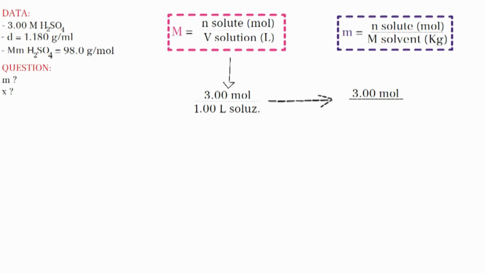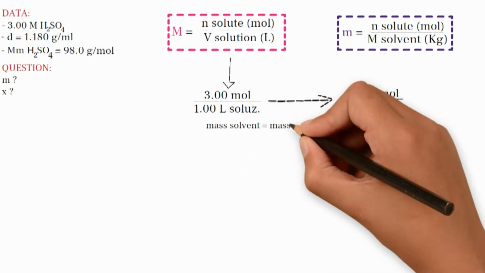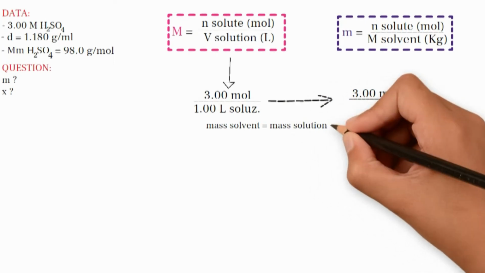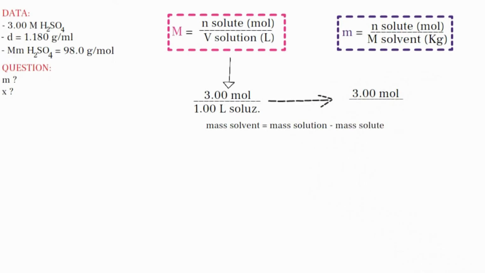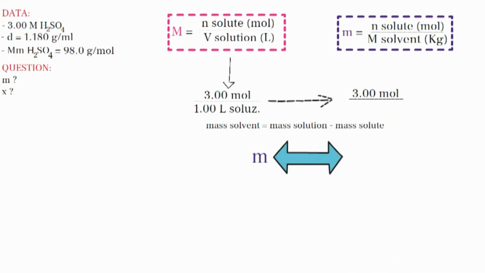The mass of solvent is given by the mass of solution minus the mass of solute. So it's easy. But how can we calculate the mass of solution? As I have already told you, molality and molarity are connected to each other through the density. So we have to use the density.